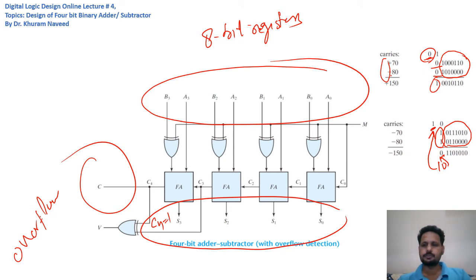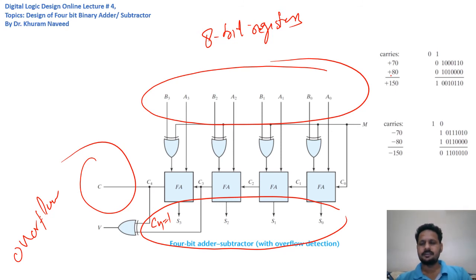So in these two situations, if you just look at it, it is possible to design a circuitry that could help us detect this situation. For example, there can be only two possibilities: either the sign bit is changing because of the carry from the previous addition. If the carry from the previous addition is 1, in that case the sign bit might change and the sign bit transfers to the next location.